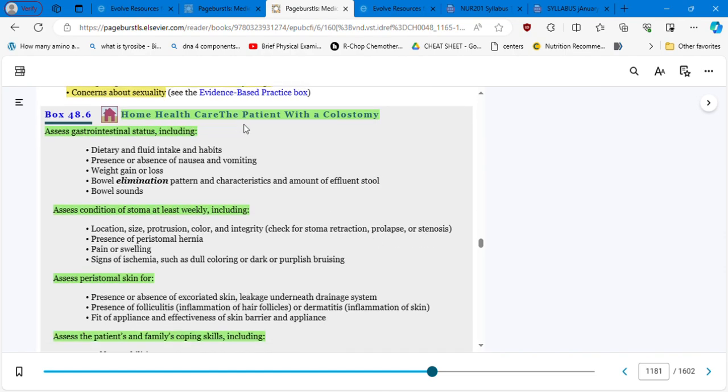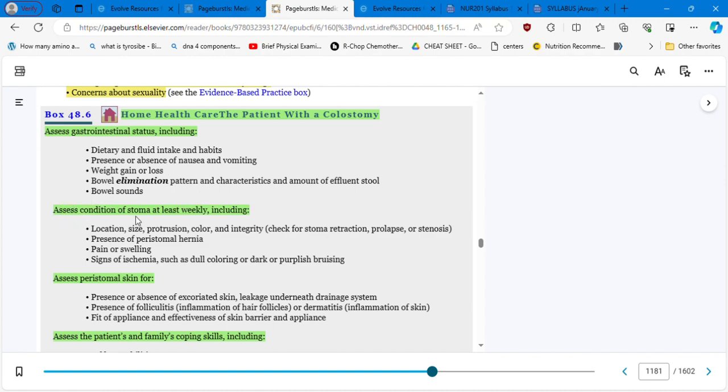Home health care. For the patient with a colostomy, we need to assess the gastrointestinal status, including the dietary and fluid intake habits, weight gain or loss, presence or absence of nausea and vomiting, bowel elimination patterns, and bowel sounds.